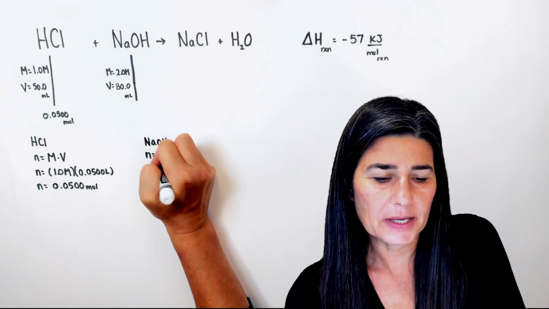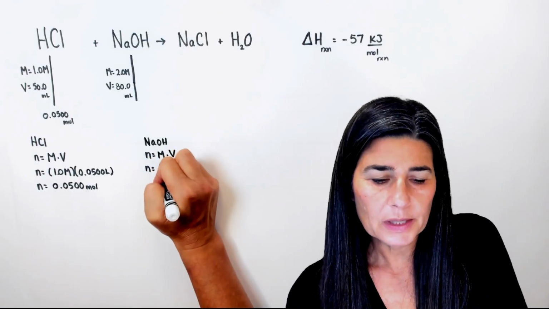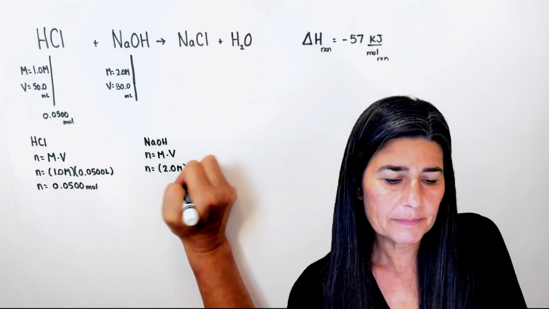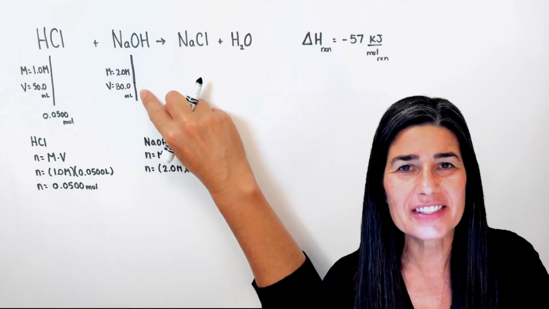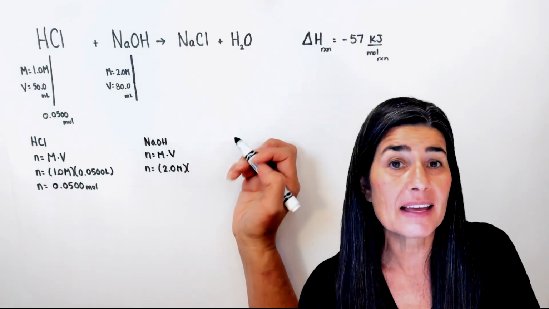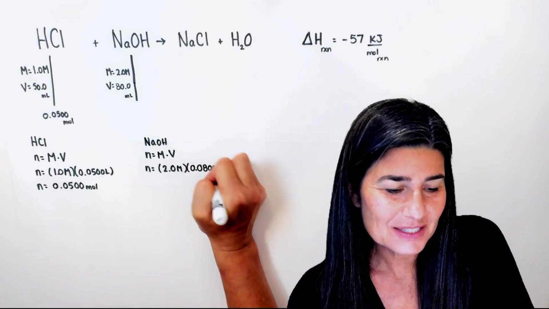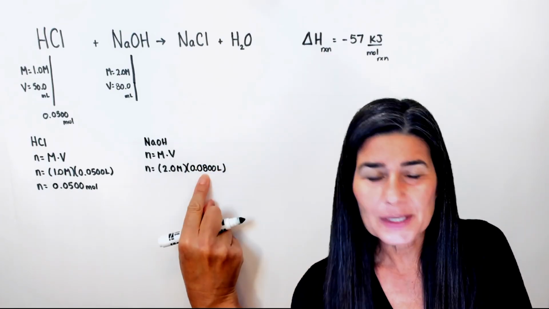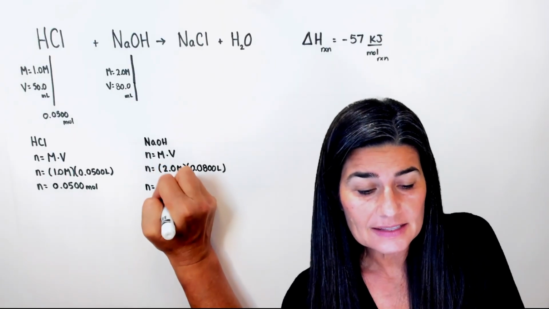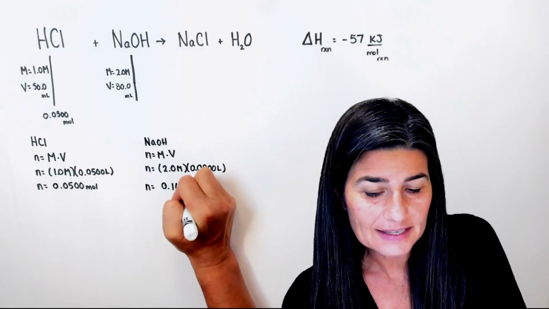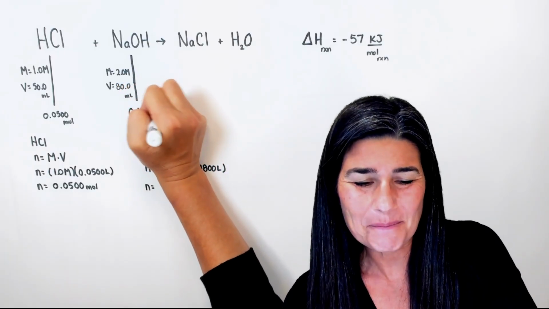Now let's do the same thing with our sodium hydroxide, NaOH. Moles is molarity times volume. Our moles is going to be a molarity of 2.0 molar times a volume in liters. Again, let's change those 80 milliliters into liters by dividing by 1,000. That's 0.0800 liters. If we double 0.08, what we get for our moles is 0.16 moles.